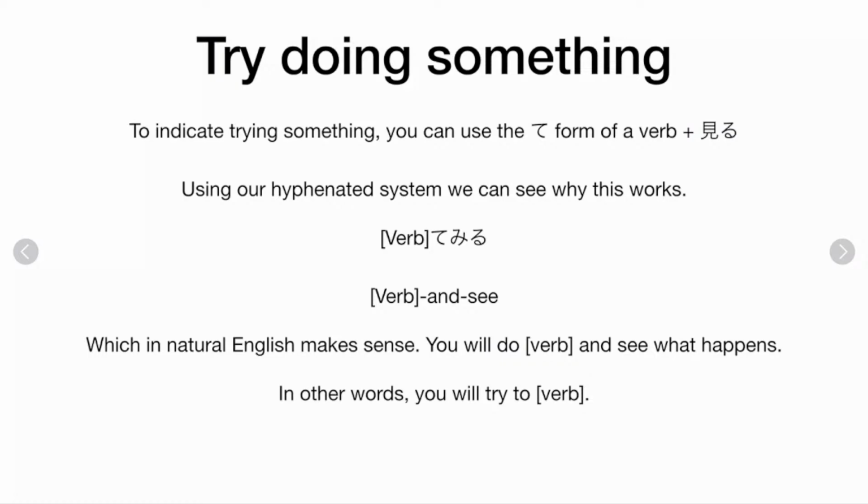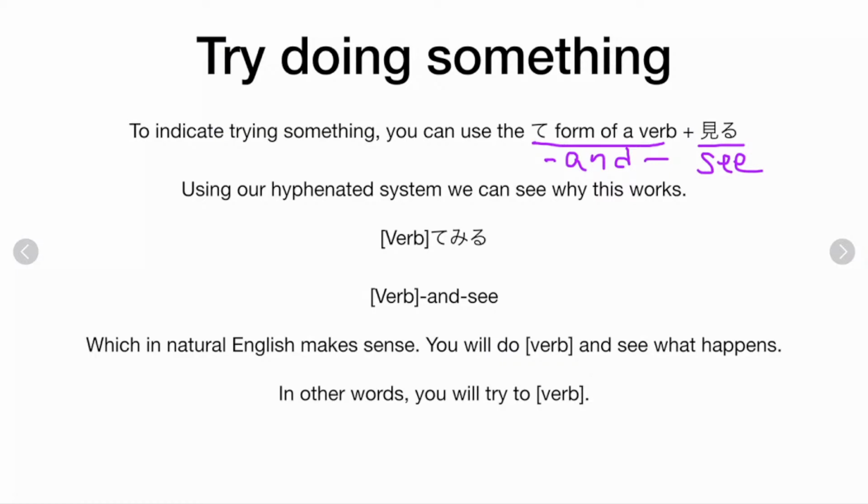Okay, here is another concept. This is if you want to try doing something. So to try to do something, you're going to use the te form of a verb and then add "miru." "Miru" is to see or to look. And te form, we said, is going to be like verb and whatever comes else.